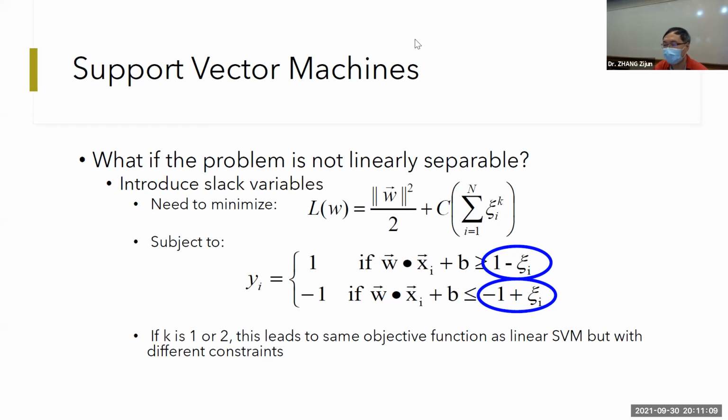That means we allow some tolerance on these constraints. We will not force these constraints to be always larger than or equal to 1. We give it some buffer. It can be larger than or equal to some smaller values.